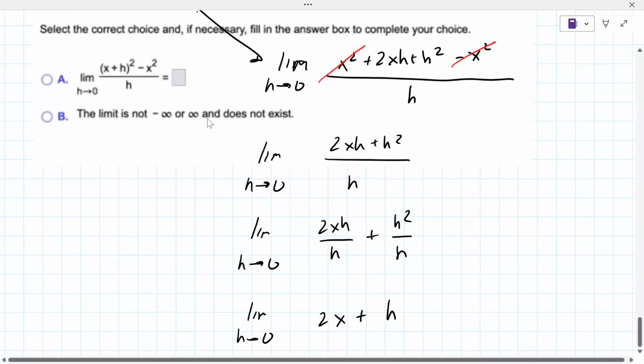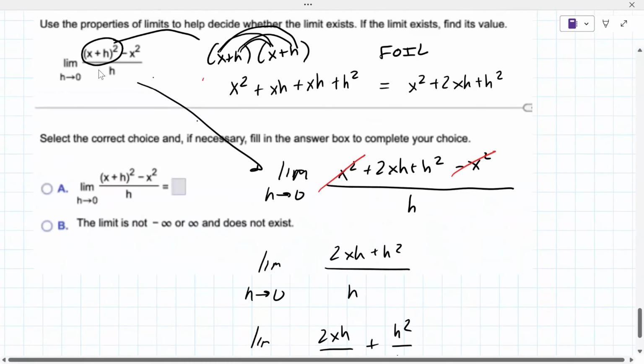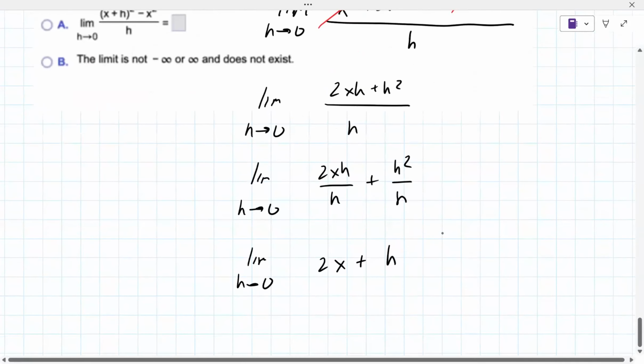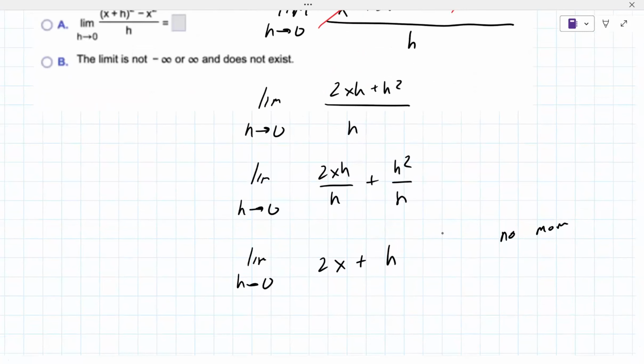And so the problem up to this point, and I didn't really address this, the reason you can't just put the value of 0 in for h is because you end up dividing by h, dividing by 0. But finally, there's no more division by 0. And then now you put that value in for h.